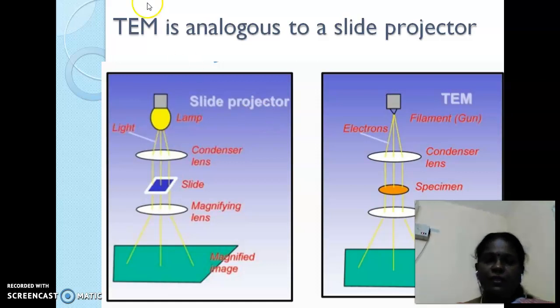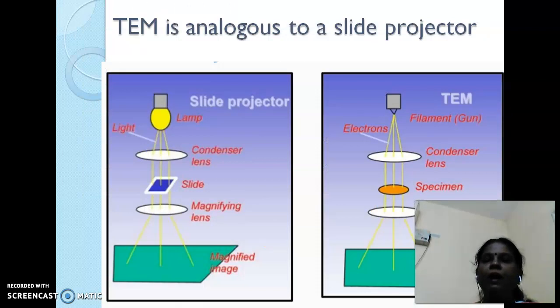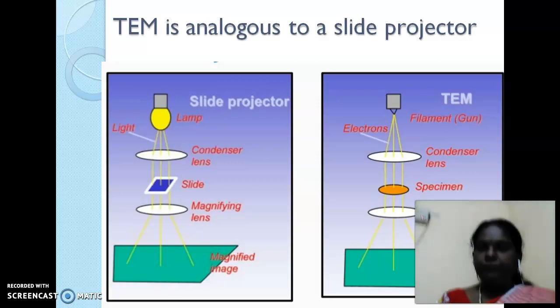In a slide projector we have a source of light and a condenser lens which is used to collimate the light on the slide, and the slide is well illuminated, therefore the image is magnified and projected on the screen. Using the same principle, our TEM, that is the transmission electron microscope, is also working.